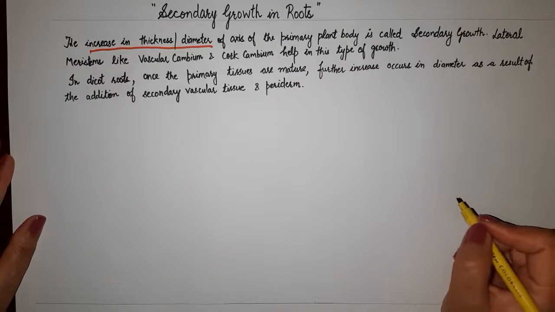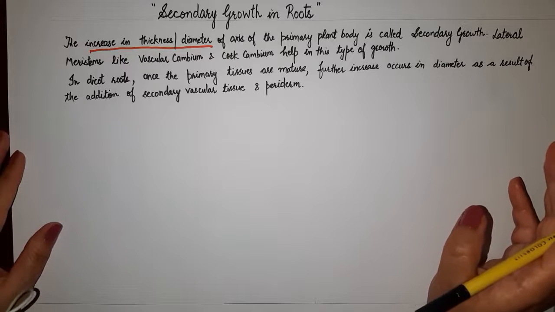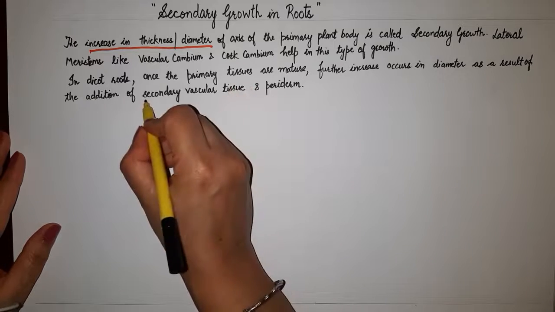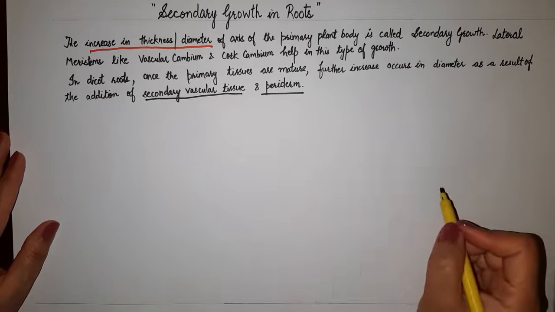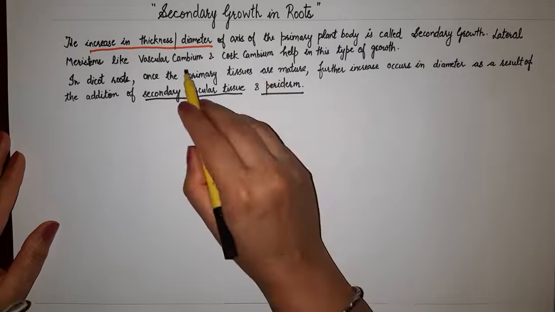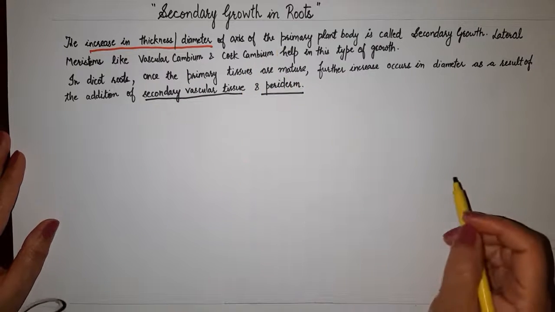Okay. So how does the diametric growth is added? That is because of the formation of two new tissues, that is secondary vascular tissue and periderm, and they are formed because of the activity of vascular cambium and cork cambium, that are lateral meristems.